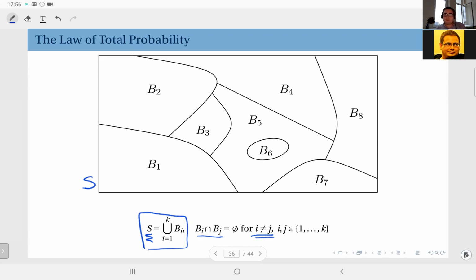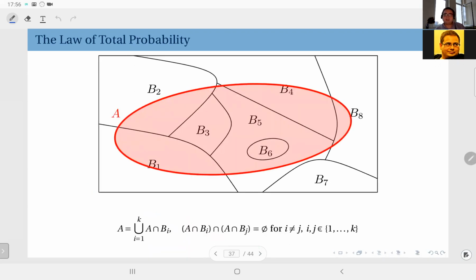Now, in this situation, assume that you have the sample space and assume that you have this particular partition. Suppose that we are interested in the probability of some event, let's call it A. Let this be event A. Now in this picture, you see the intersection of event A with the sets B1 through B8.